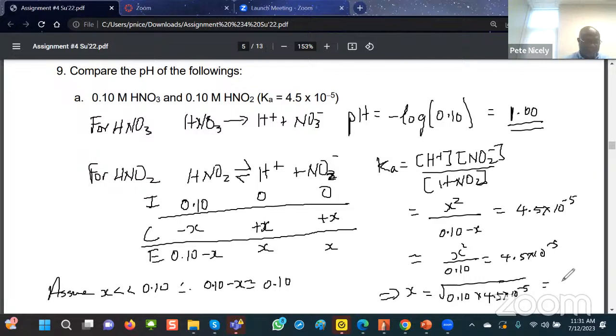So the value for X I got is 2.1 times 10 to the minus 3. Let me do this again just to make sure I did this right. 0.1 times 4.5 times 10 to the minus 5, and then I find the square root of that. Okay, so this is what I got, 2.1 times 10 to the minus 3.